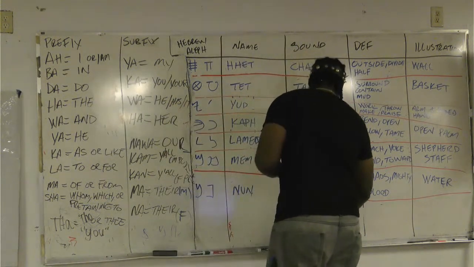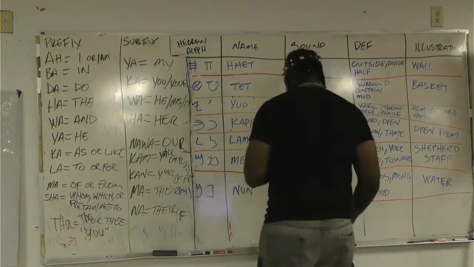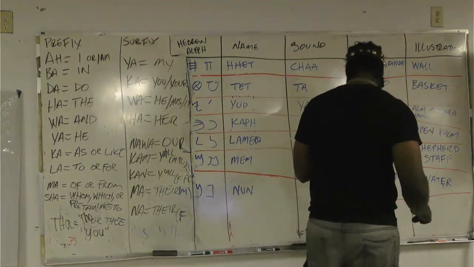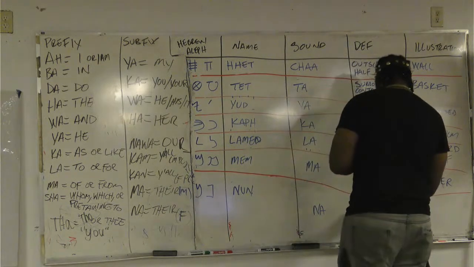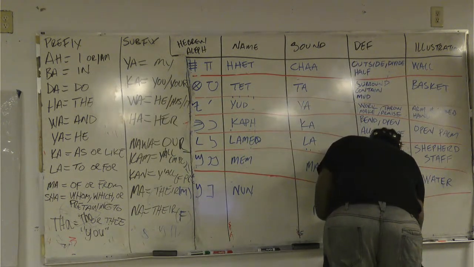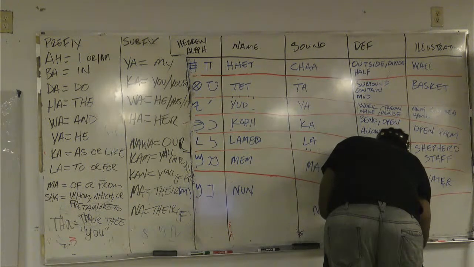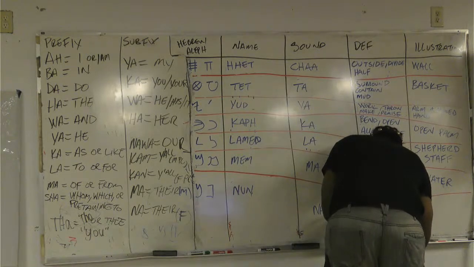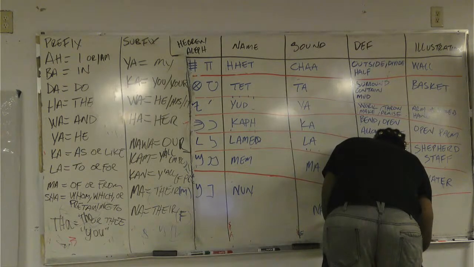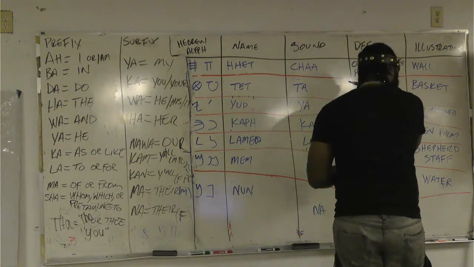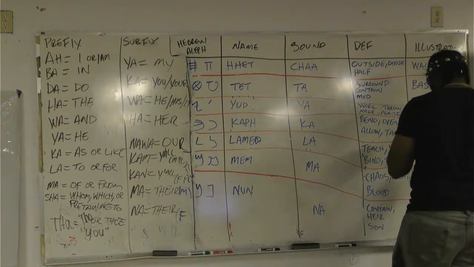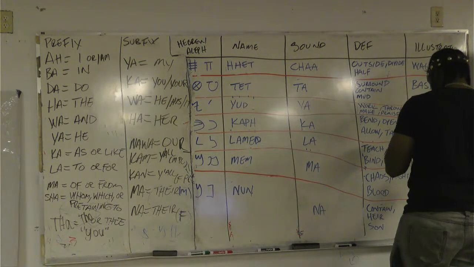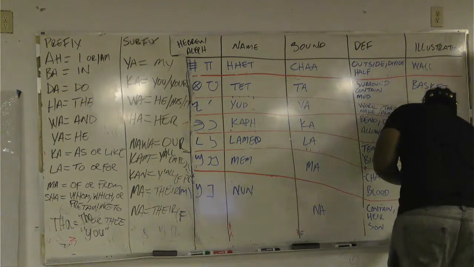The sound it makes is Na, which means to contain. It also means heir, as in child or son. The illustration it comes from is a sprouting seed.